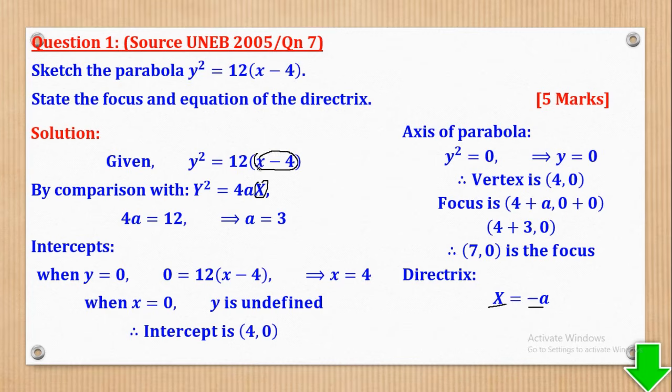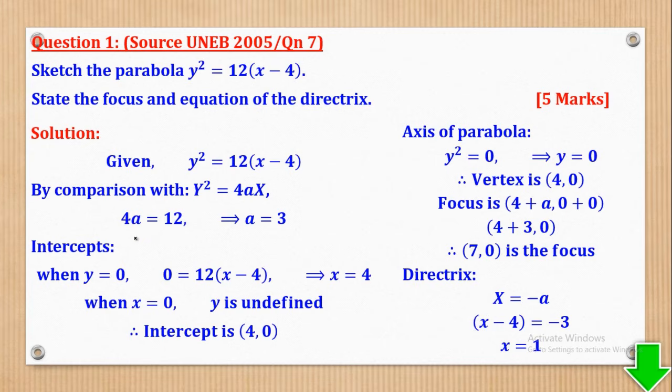So I'm going to substitute capital X with x minus 4 and also substitute a with 3 to come up with that line. Now next is to make small x the subject. Here we are case sensitive. A capital letter and a small letter mean different things. So this will be our directrix.